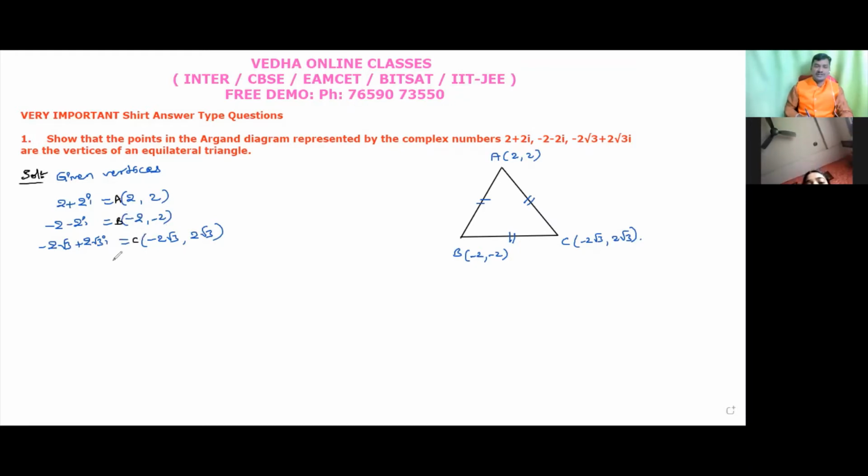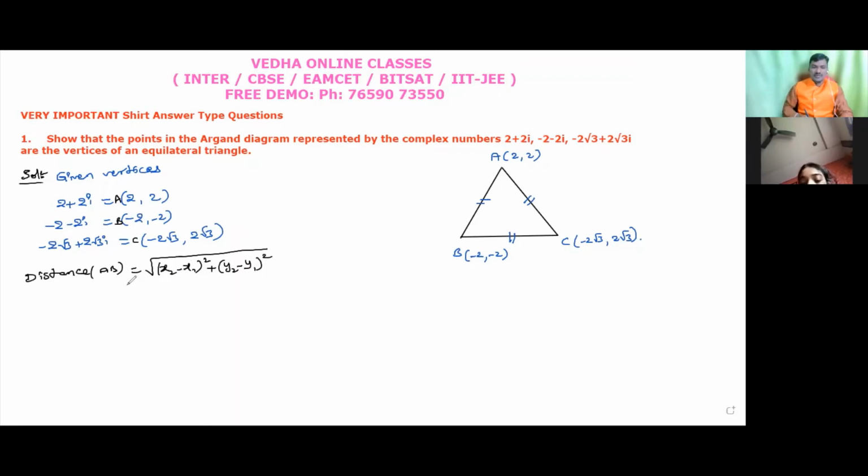Now we use the distance formula for finding the distance between any 2 points: the square root of (x2 minus x1) whole square plus (y2 minus y1) whole square.